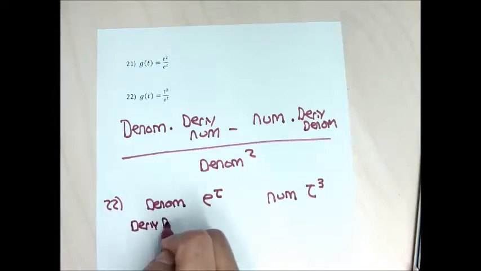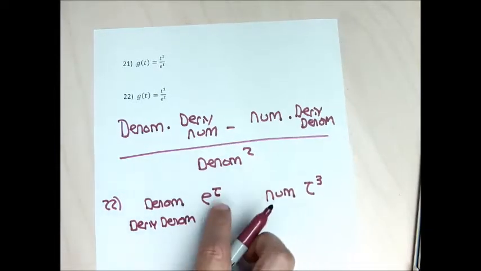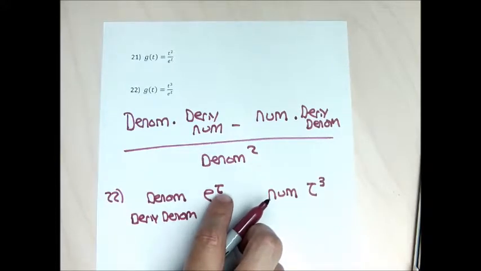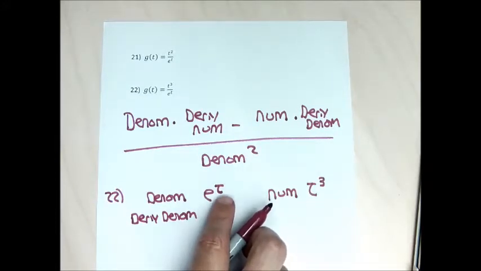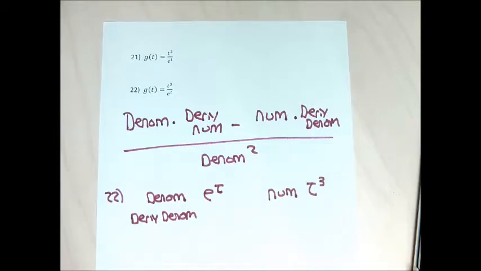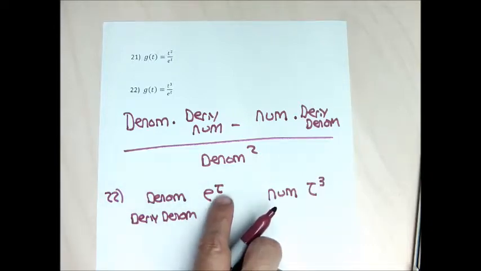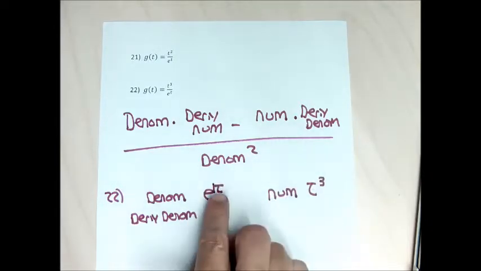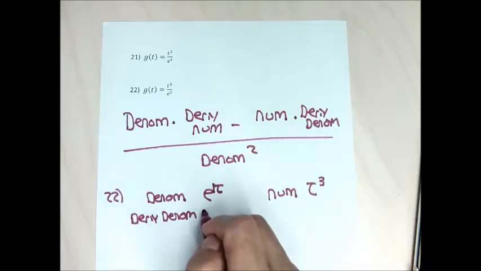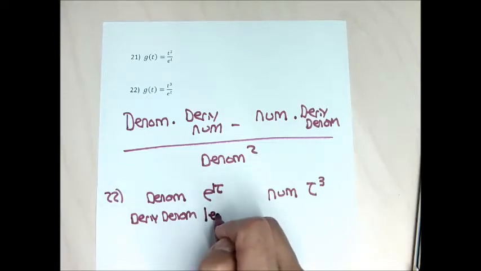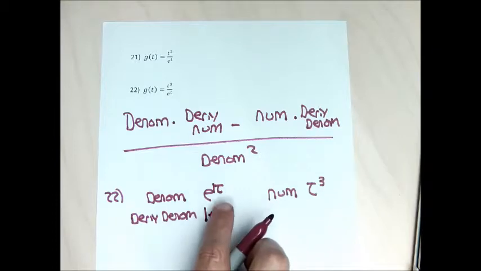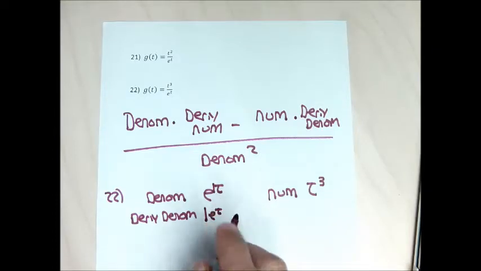The derivative of the denominator, it's an e without a coefficient, so the derivative is just the derivative of the exponent times the e function. I don't need the natural log of the base, and I don't need the coefficient because they're both 1. The exponent is 1t, and the derivative of 1t is just 1. So the derivative of that piece is just e to the t, or 1 e to the t.